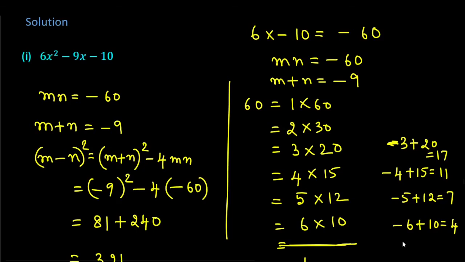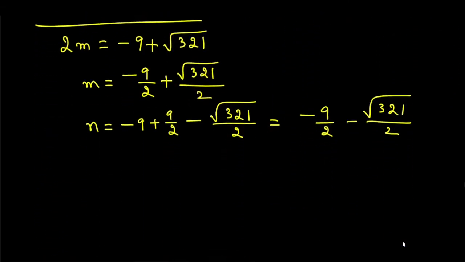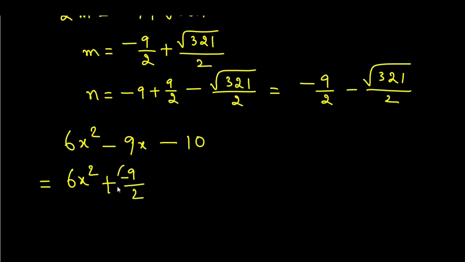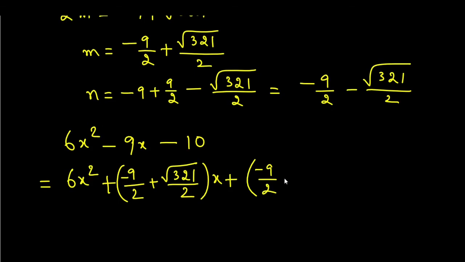The given quadratic polynomial is 6x square minus 9x minus 10. This we have to write as 6x square plus minus 9 by 2 plus root 321 by 2 into x plus minus 9 by 2 minus root 321 by 2 x minus 10.